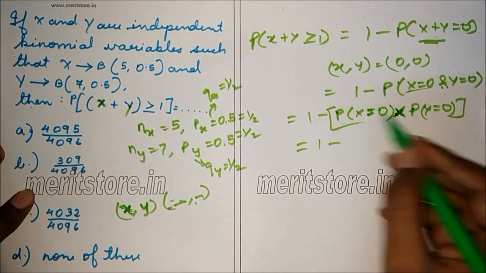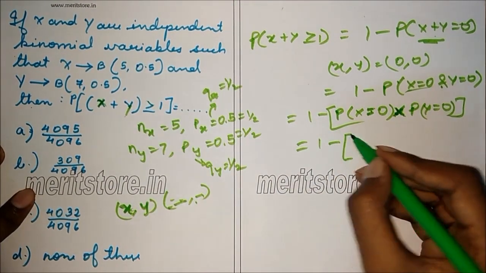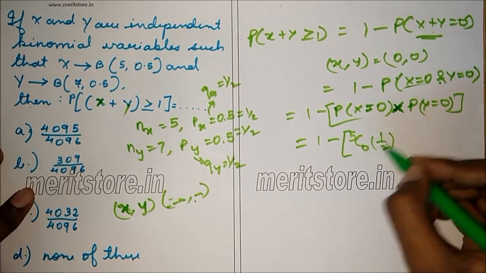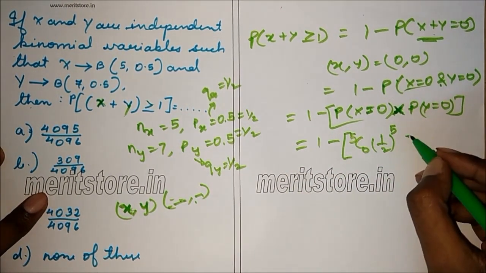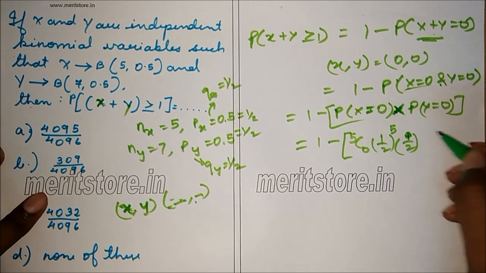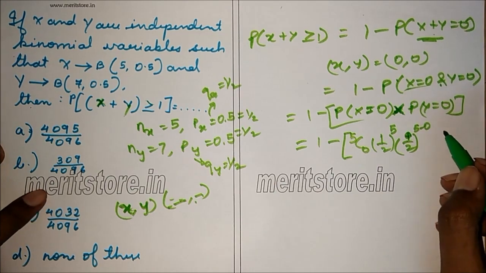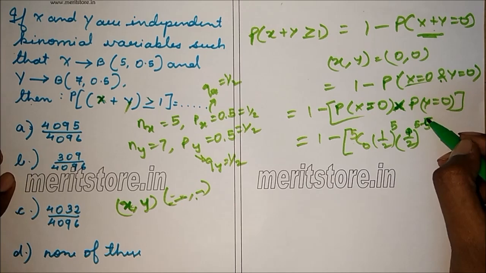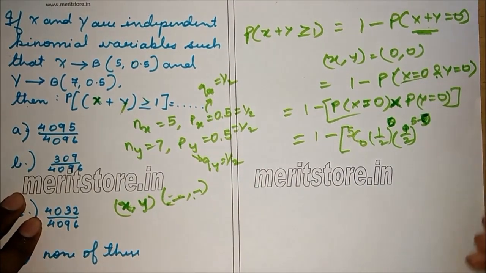So this will be 1 minus P of x equals 0 is, for this n is 5, so 5C0, p raised to 0, that is half raised to 0, q raised to n minus r, that is half raised to 5 minus 0.